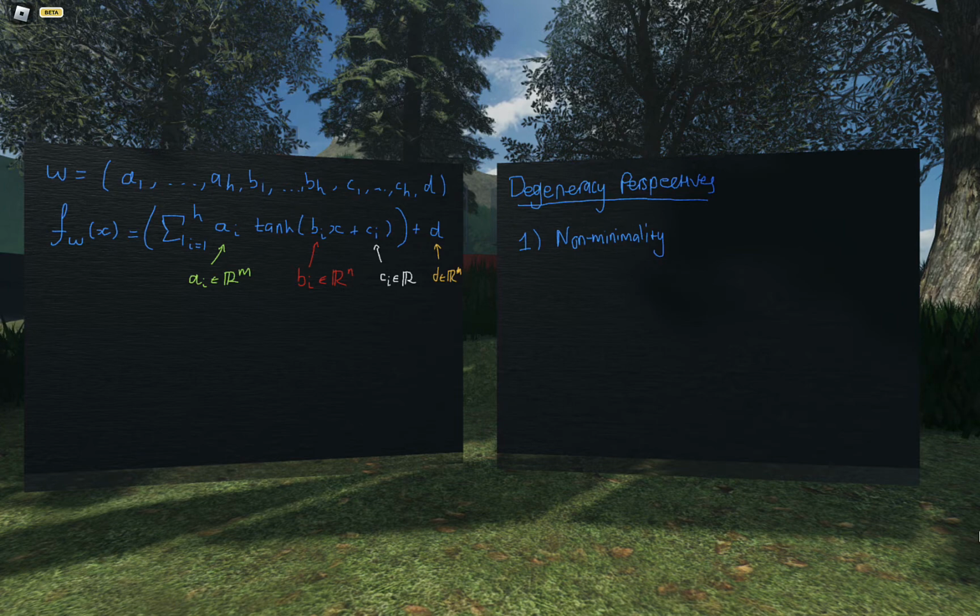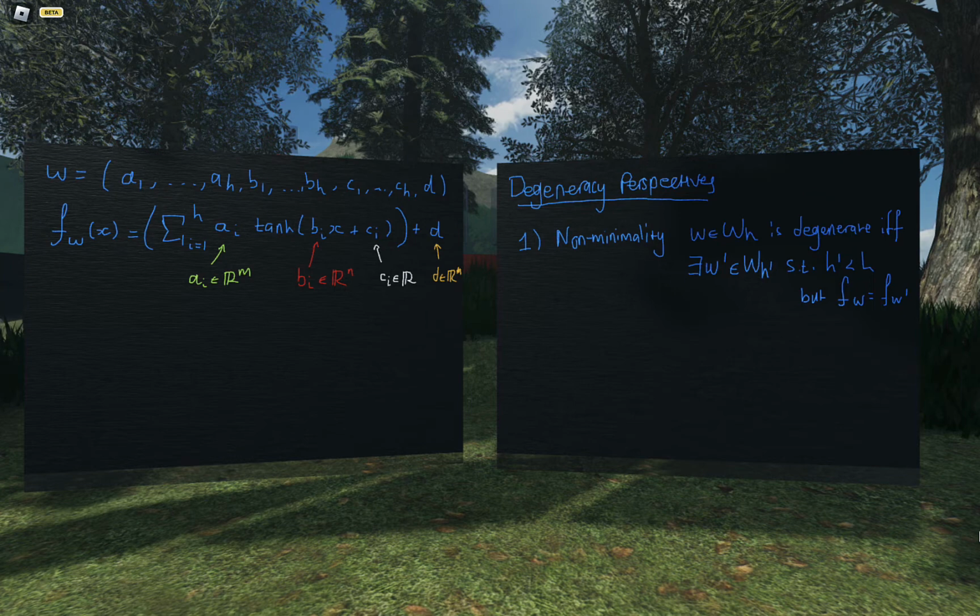So this is something like: W in the parameter space with H units is degenerate if, might as well say if and only if, there exists W prime in some other architecture with H prime units such that H prime is less than H. So we've got fewer hidden units, but the functions are the same.